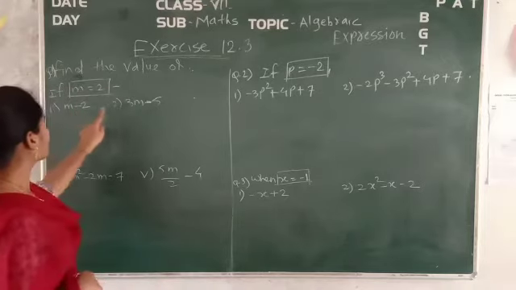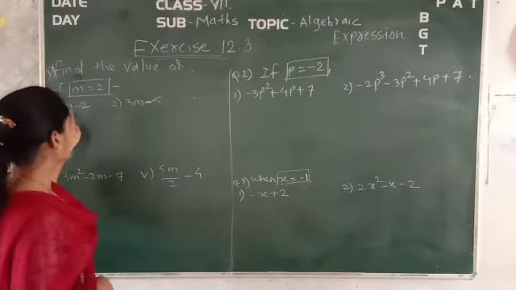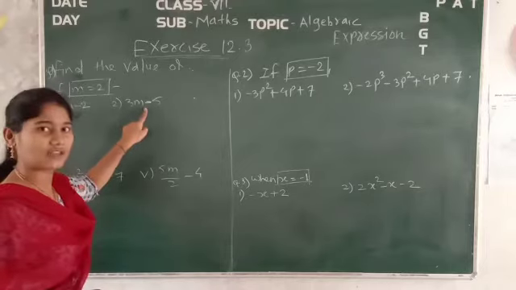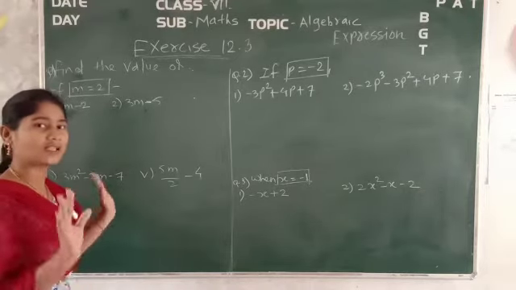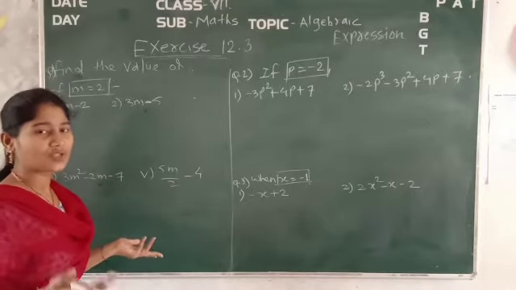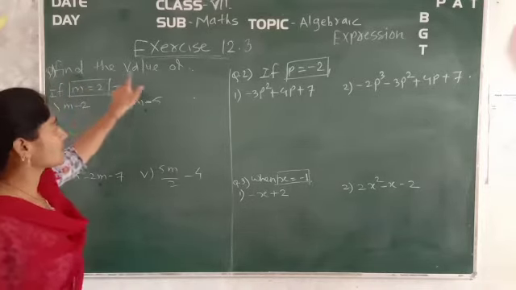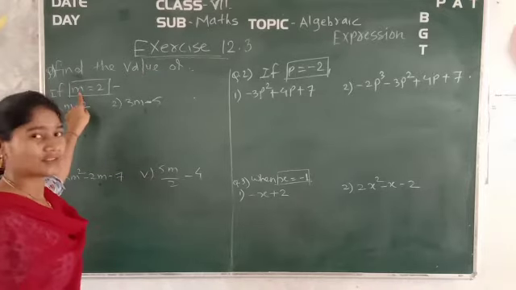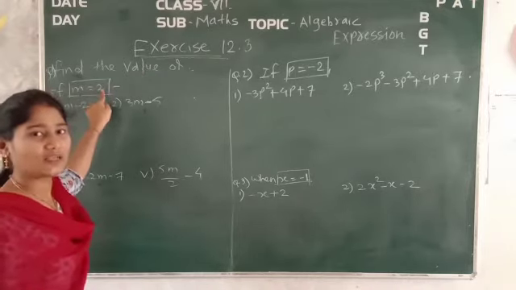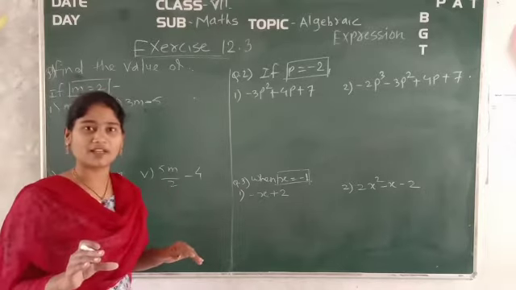So within that expression, what are the variables? m is the variable. This m is also a variable. Here also the same common variable is there, that is m. The others remaining are the constants. So what are they asking you? They are asking you to find the value of the given expressions if m is equal to 2. It means they will provide you the value of the variable.